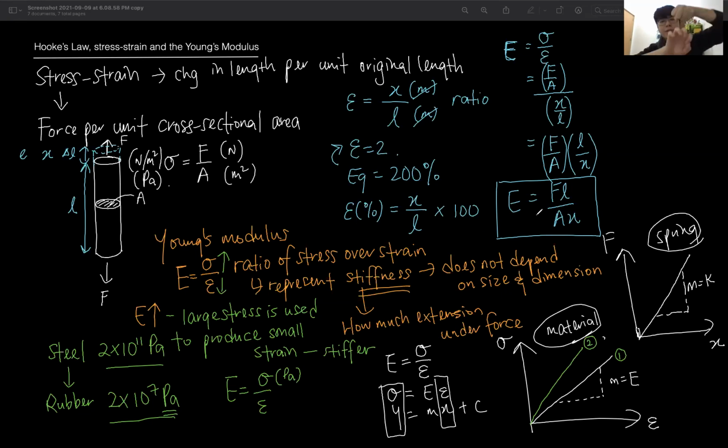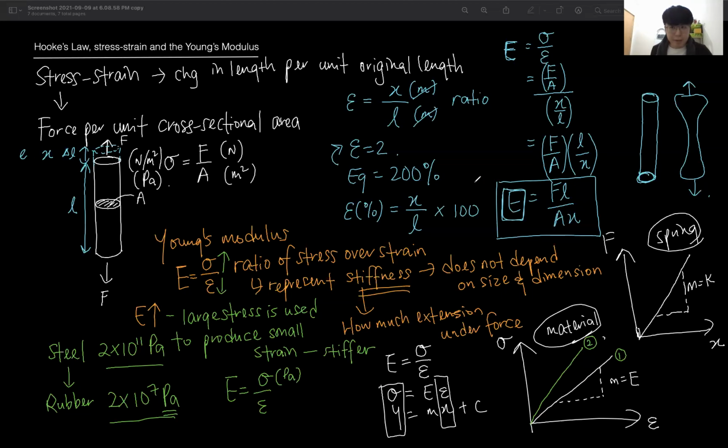They use the hydraulics to apply tension on a material, and usually they make the material like a rod, something like this, or like a dog bone shape, like this, and then they pull both ends. They calculate the force, the stress, the strain, and then use the calculation to get the Young's modulus. So Young's modulus is determined experimentally.